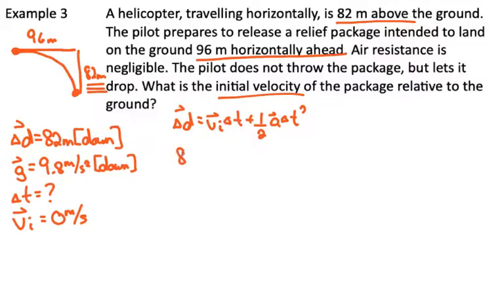Substituting in, working this out, 0 times delta T is 0. Half times 9.8 would give us 4.9 T squared on the right.